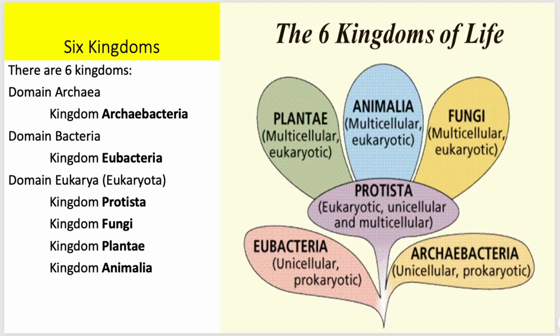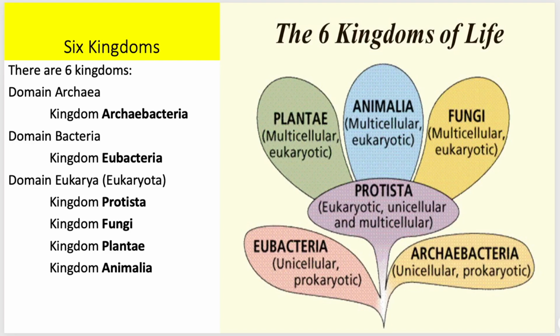So 2 of the 6 are just 2 of the domains, Archaebacteria and eubacteria. The other 4 are 4 different kingdoms under the domain eukarya. And the 4 kingdoms of eukaryotes are Protista, fungi, plantae, and animalia. Protists, fungi, plants, and animals. Those are your 4 kingdoms within the eukaryotic domain.